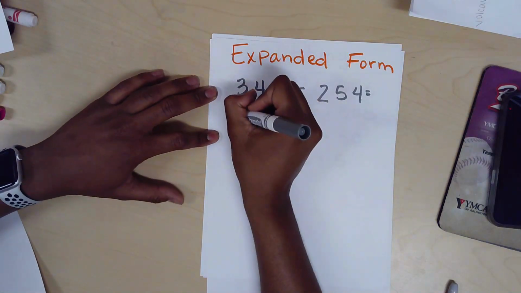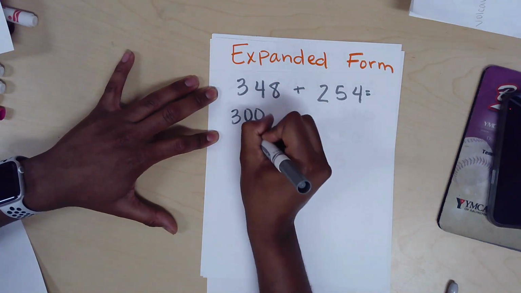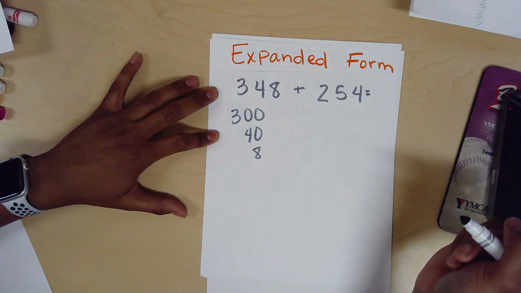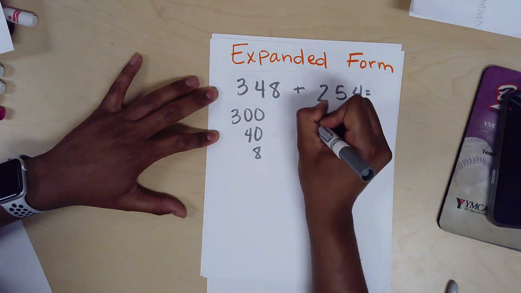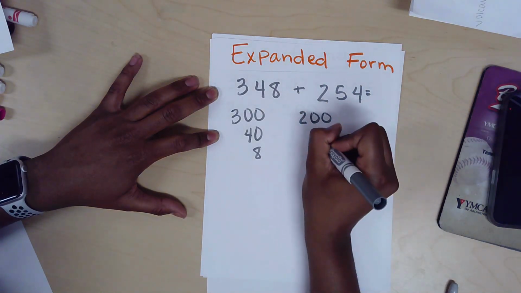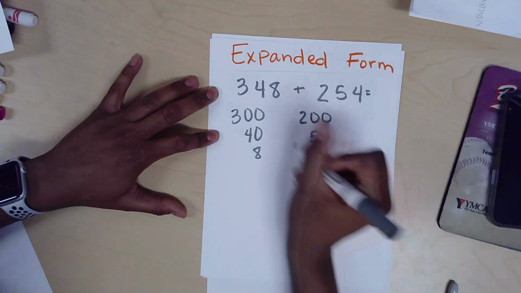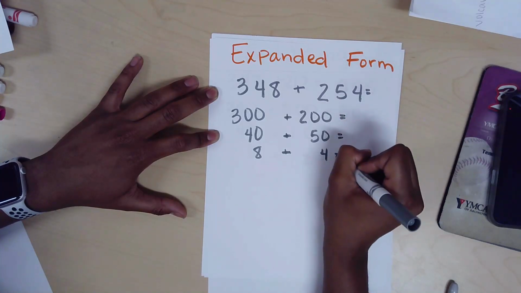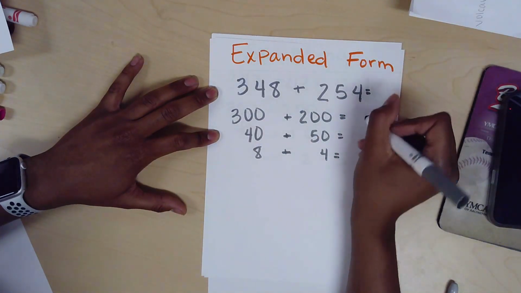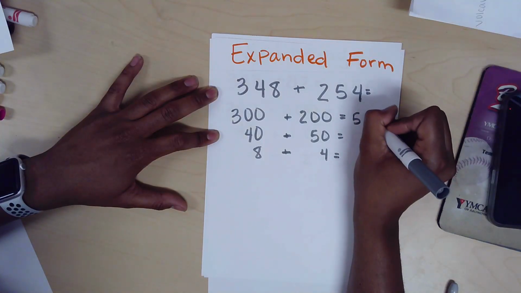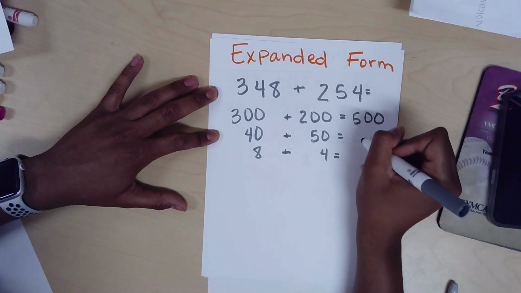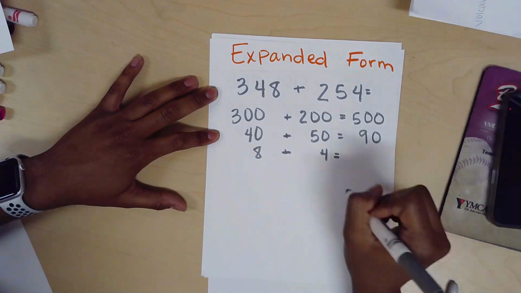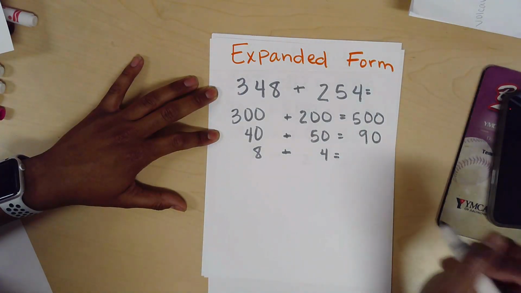So we've got 348, and then we've got 254. So 300 and 200, 500. 40 and 50, 90. Ooh, I made this one harder than I wanted to. Sorry.